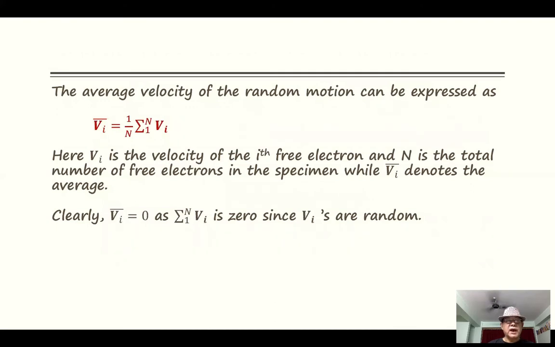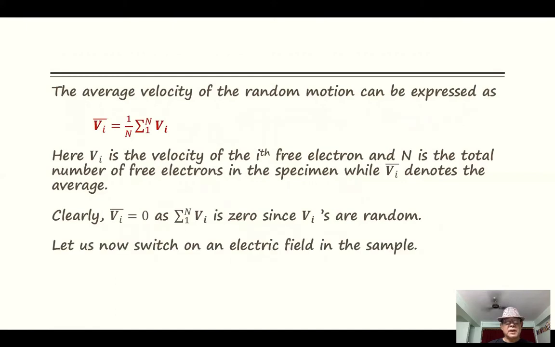Clearly, V_i bar equal to 0 as the sum over 1 to n V_i is 0, since V_i's are random. That is, V_i's are in all possible directions. For every electron moving in one direction with a certain velocity, there will be another electron moving in exactly the opposite direction with the same magnitude of velocity. So the sum over 1 to n V_i is always 0 in the context of the random motion of the free electrons.